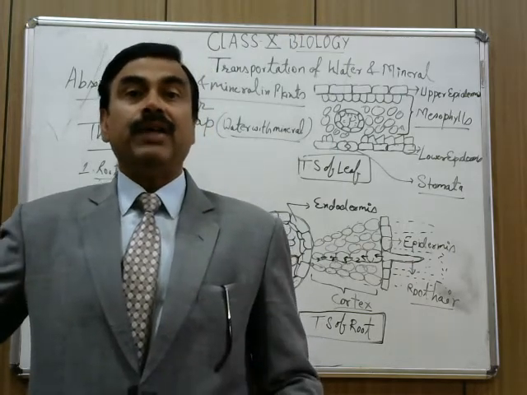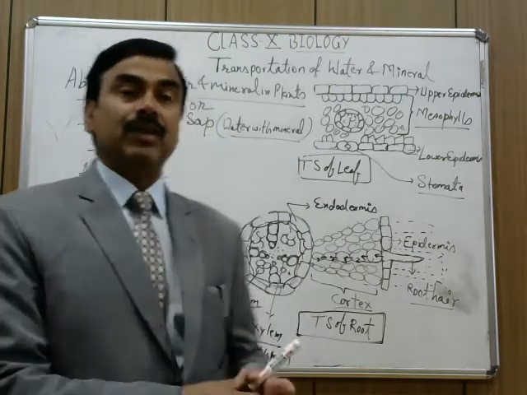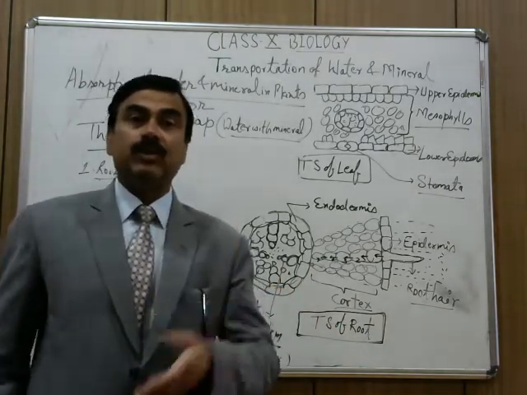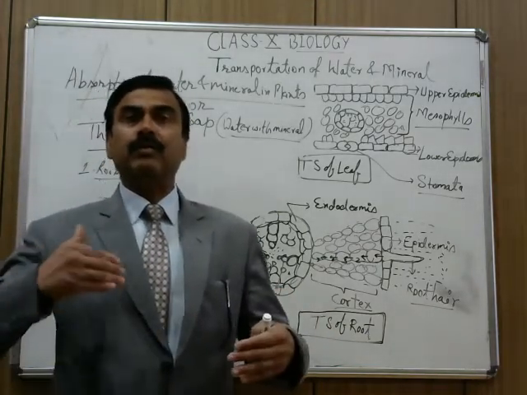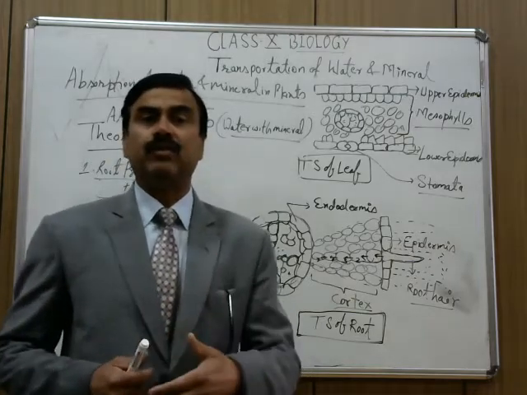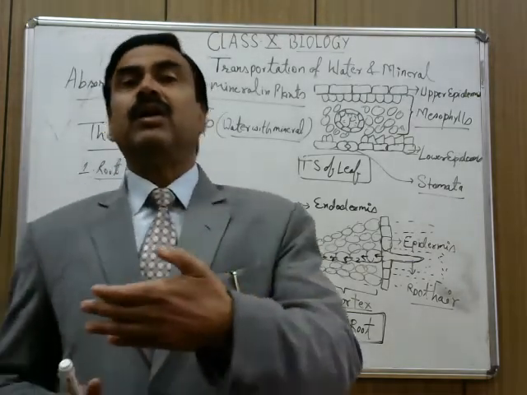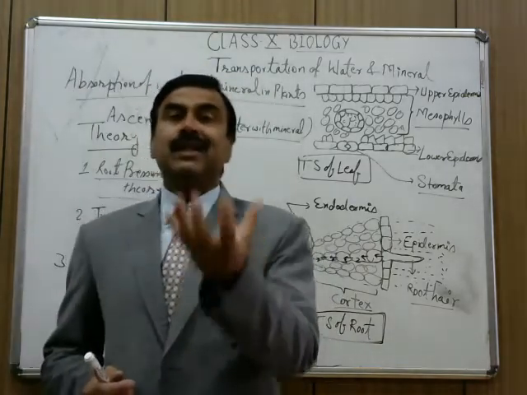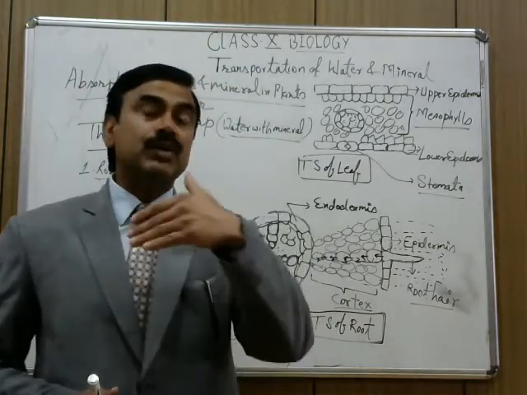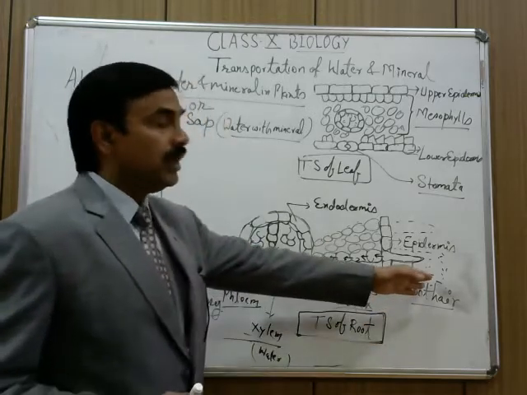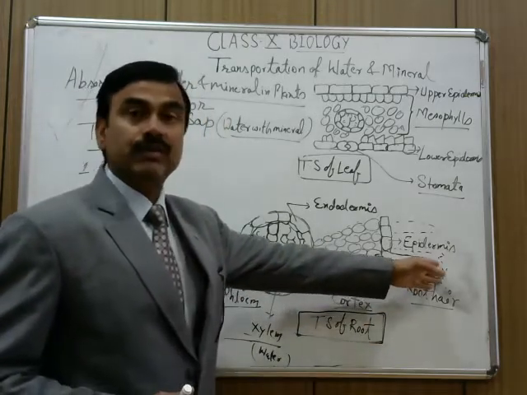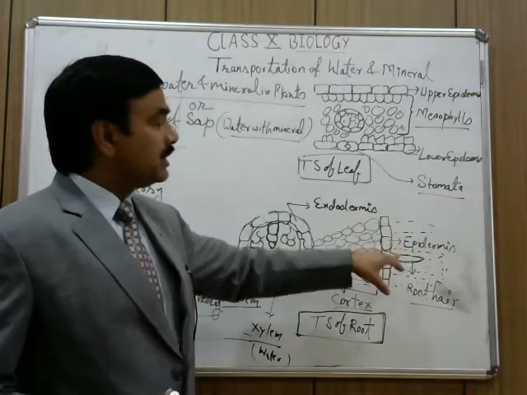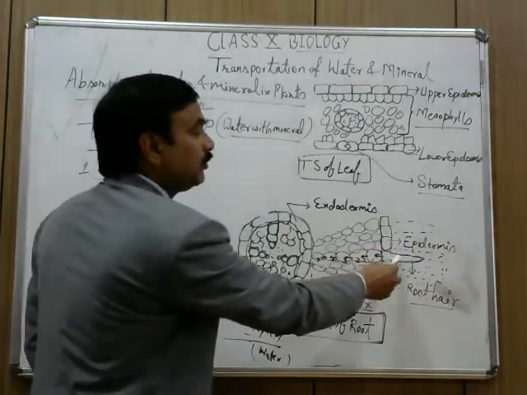So when we start this theory, root pressure theory, you will be able to know what mechanisms and theories are involved. By the osmotic pressure, the water rises. By the osmosis process, water will move from soil to the root hair, and this root hair will absorb the water.